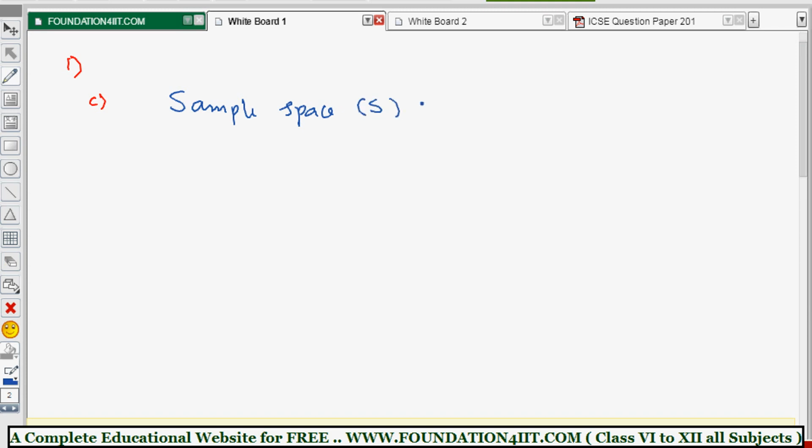Take it as capital S. So the data is given from number 2 onwards: 2, 4, 6, they are given till 20, right? So 2, 4, 6, 8, 10, 12, 14, 16, 18 and 20. This is the sample space. So n of S, the number of elements in the sample space, is 1, 2, 3, 4, 5, 6, 7, 8, 9, 10. So 10 are there. n of S is equal to 10.